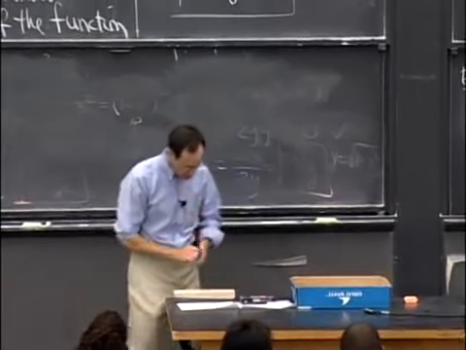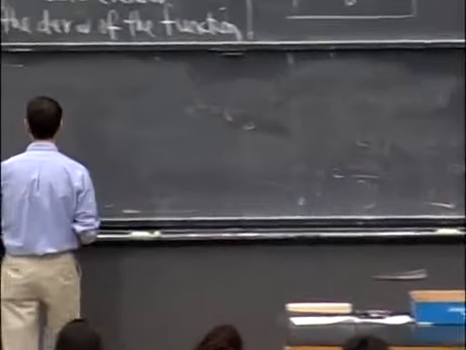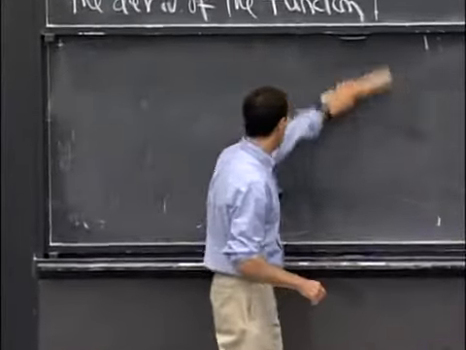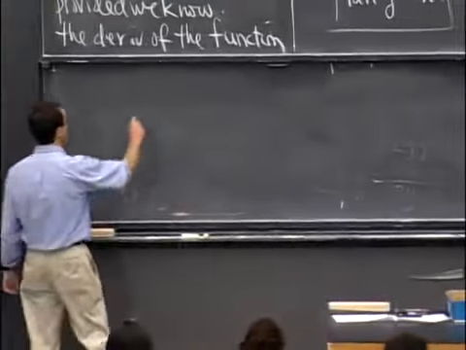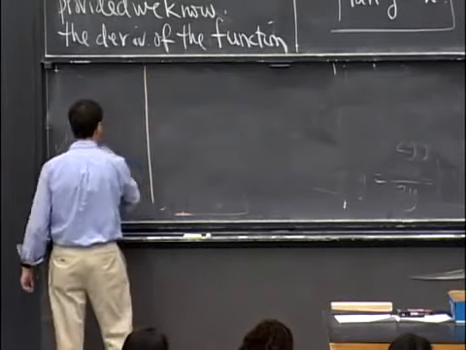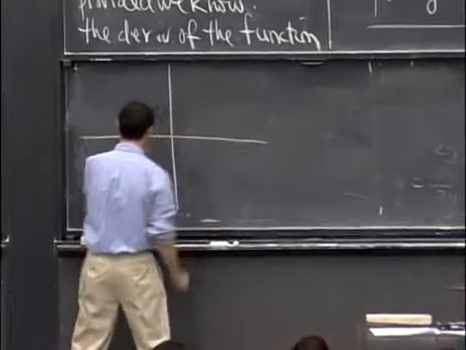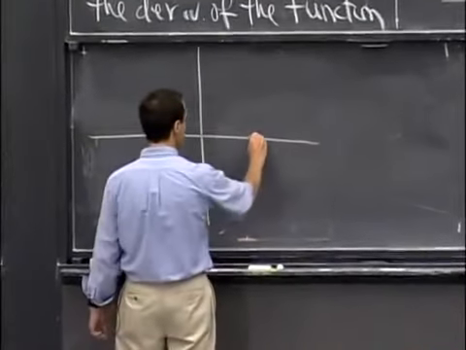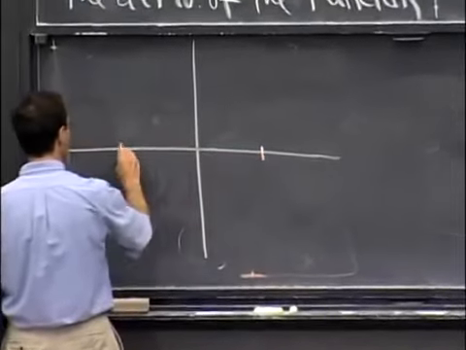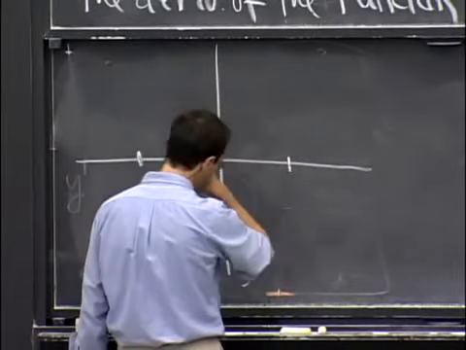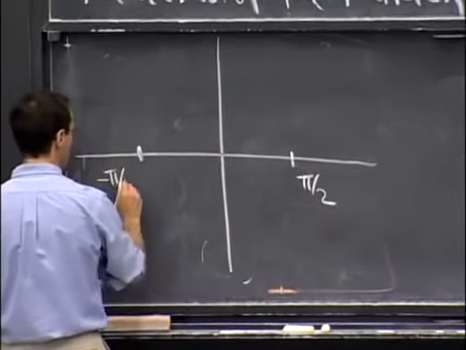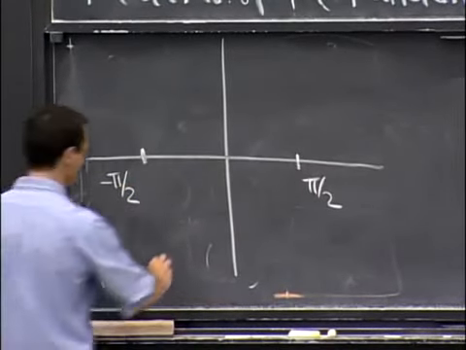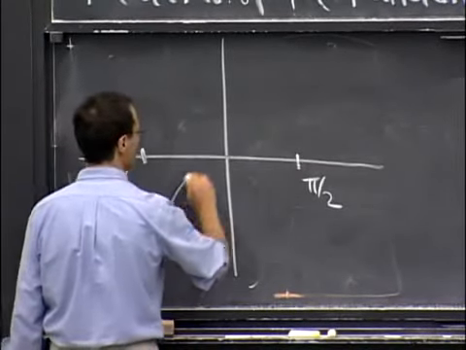Okay? So let's make the diagram first, make the sketch. So I want to do something which is analogous to what I did over here with the square root function. So first of all, I remind you that the tangent function is defined between two values here, which are pi over 2 and minus pi over 2. And it starts out at minus infinity and curves up like this.